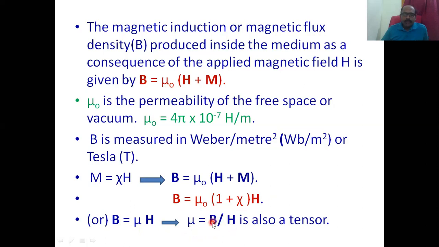Again, it is the ratio of two vectors. Therefore, mu is a tensor quantity. Just as Xi is a tensor, mu is also a tensor.